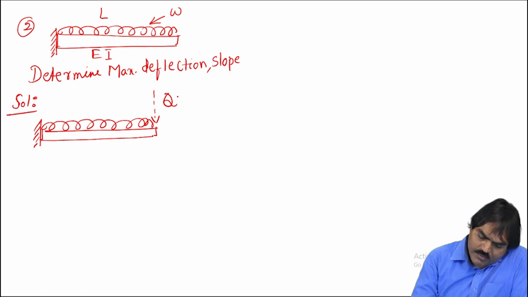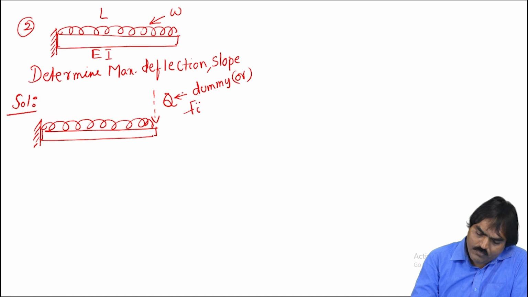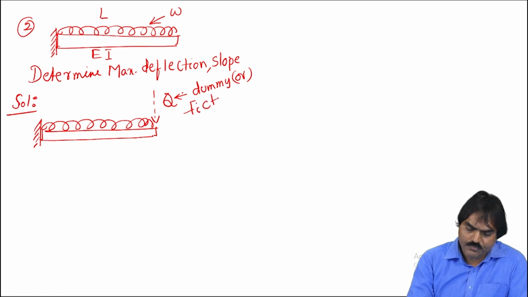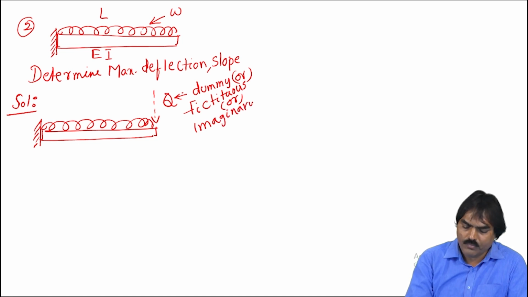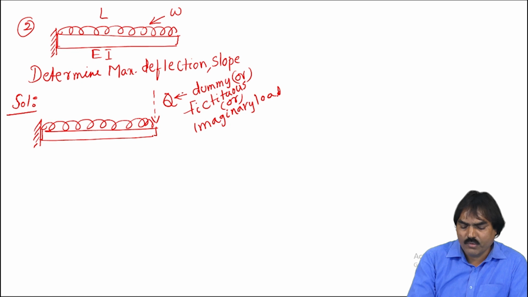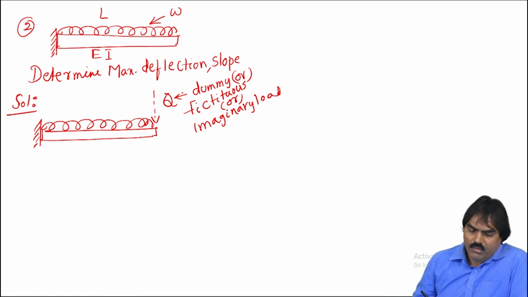Q is the dummy load, also called a fictitious or imaginary load. It's called by so many names.